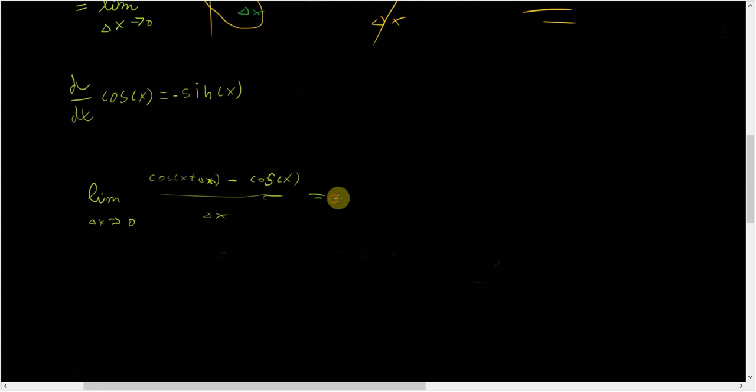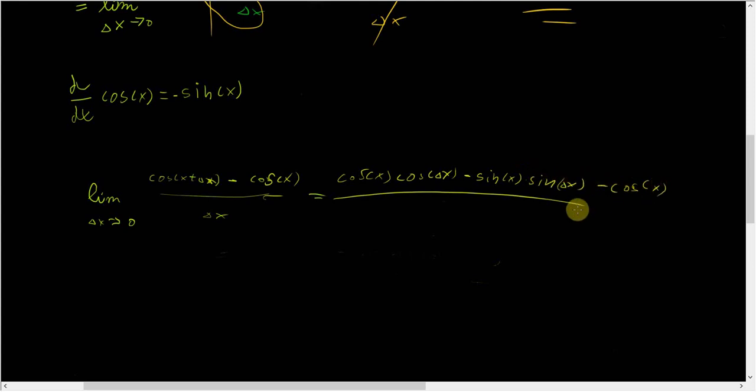So cosine of x times cosine delta x minus sine of x times sine of delta x minus cosine of x, all over delta x. That equals the limit as delta x approaches 0.